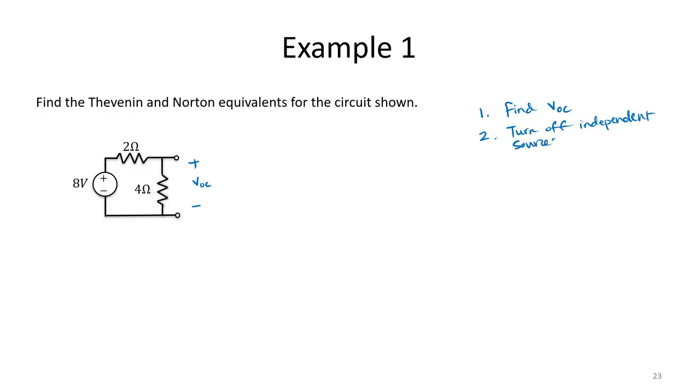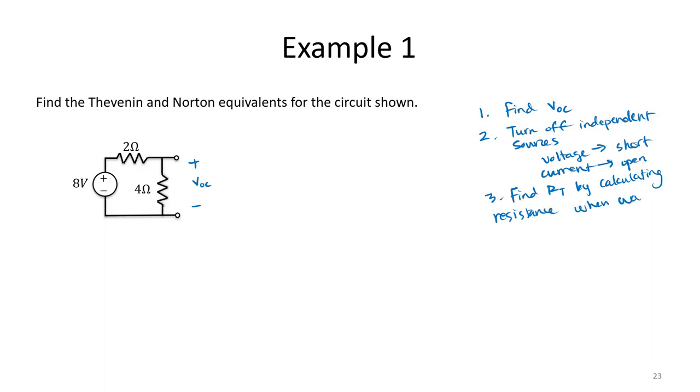Remember, voltage sources get a short, current sources get an open. Then we find our Thevenin resistance by calculating the resistance when walking from one open terminal to the other.